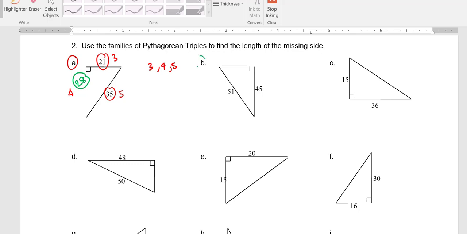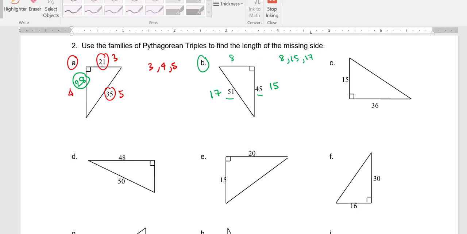Same thing with the letter B here. So 45 and 51, not sure what family that belongs to, but if I divide everything by a common factor, let's divide it by 3. So this is 15, this is 17. Well, now I see that this is an 8, 15, 17 triangle, where this side is the 8.